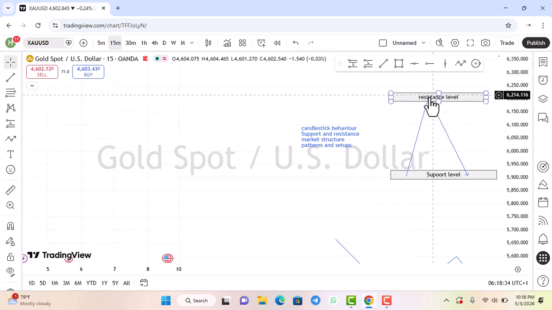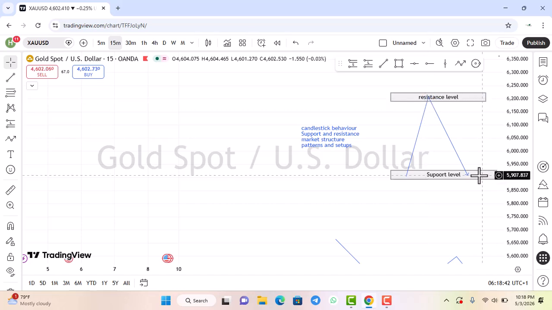So at resistance level, we have order block, we have rejection candle, and we have bearish engulfing. At support level, we have the same rejection candle, we have bullish engulfing, right? And we have order block.